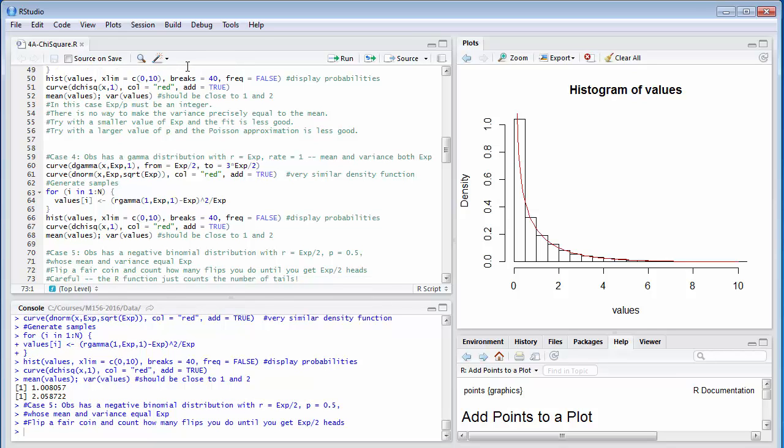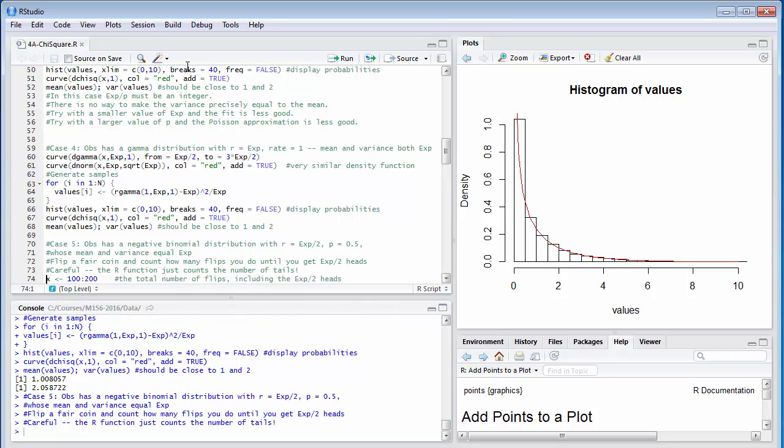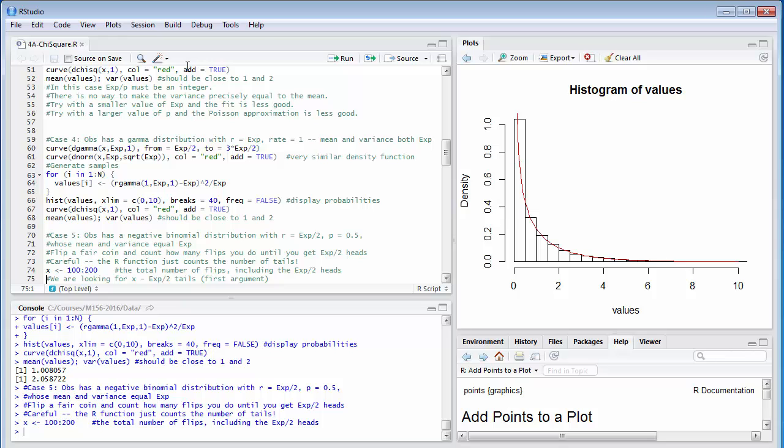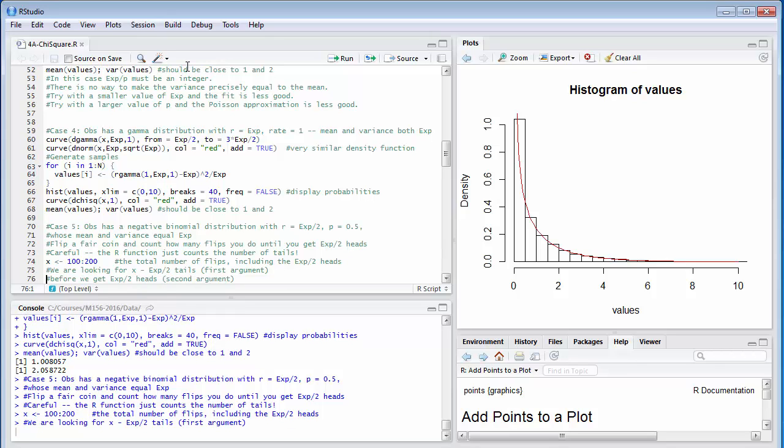This function is built into R, but it just counts the number of tails, so we have to be careful in using it. X is going to be the total number of flips, including the exp over 2 heads. And what we're looking for is a number of tails that's equal to x minus 1/2 of exp.